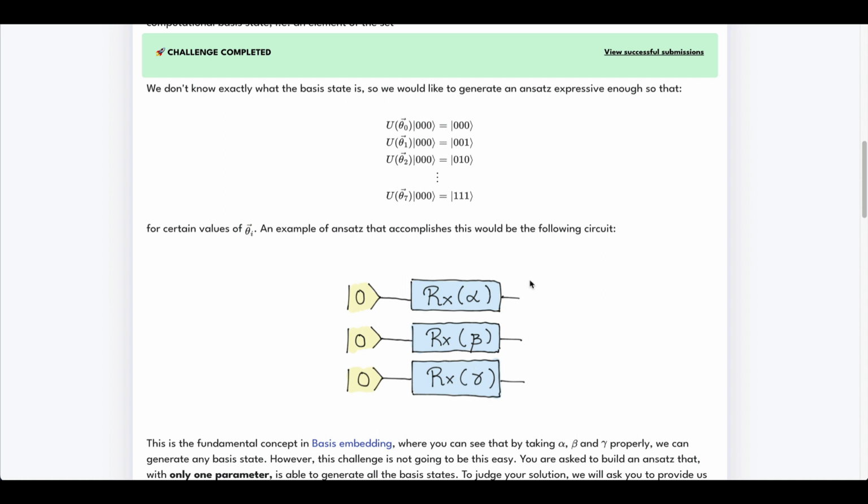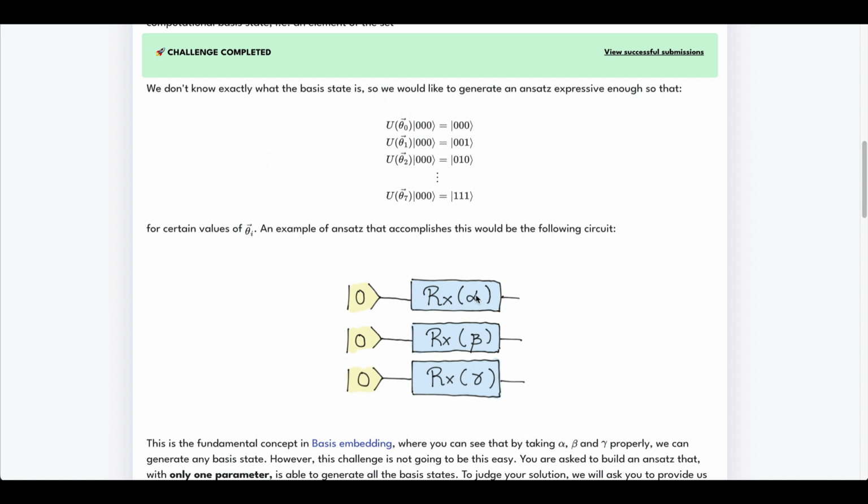But what we're told in this problem is that even though this is a possible way to implement this ansatz, we would like to reduce the number of parameters in this model. So can we accomplish the same? Can we generate all possible basis states of the computational basis, but instead of using 3 separate parameters, use just 1 parameter?